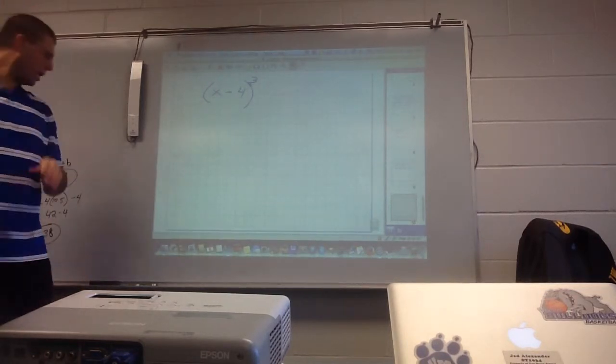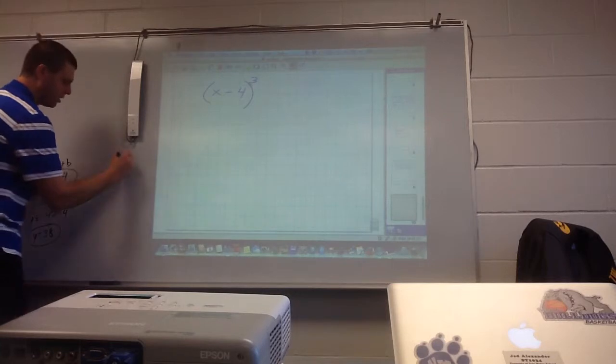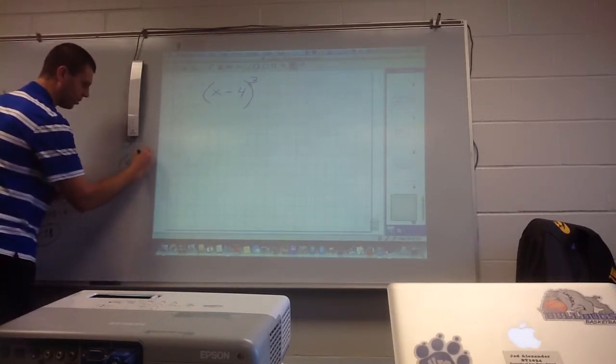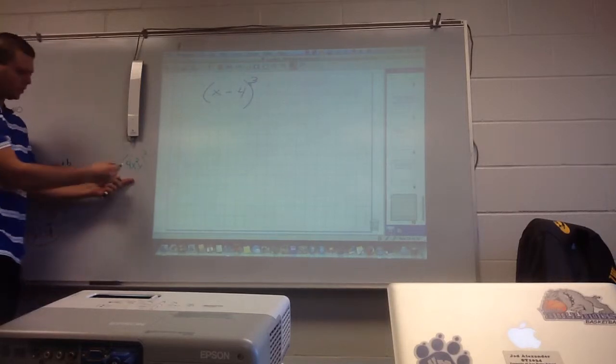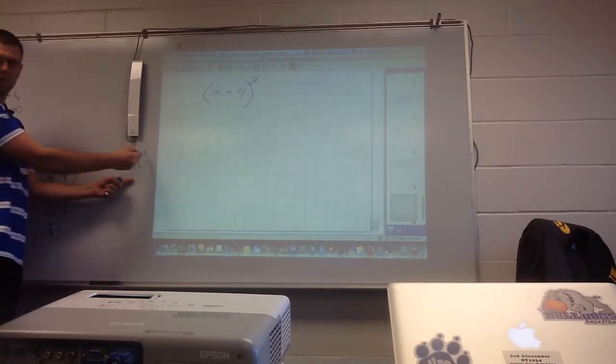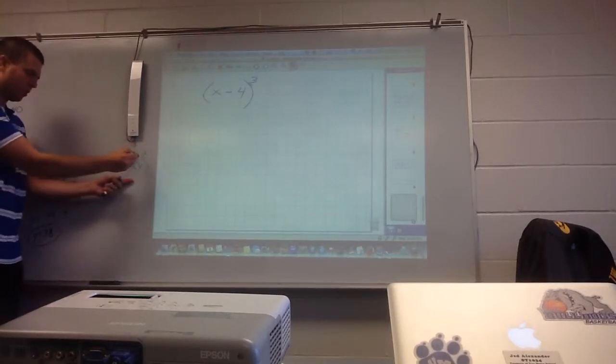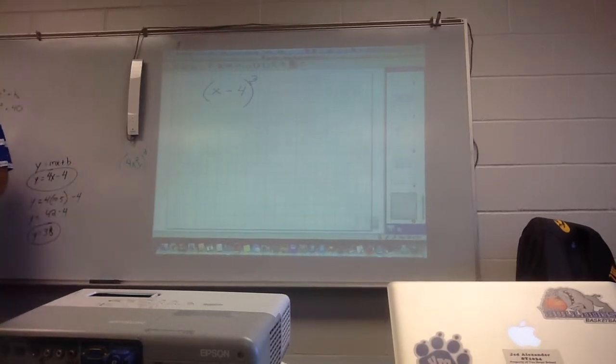Those of you that were here, we raised 4x squared y to the third power. This is a product being raised to a power. When you raise a product to a power, you can just raise the 4 to the third, x squared to the third, and y to the third. You can just raise everything to the third power.